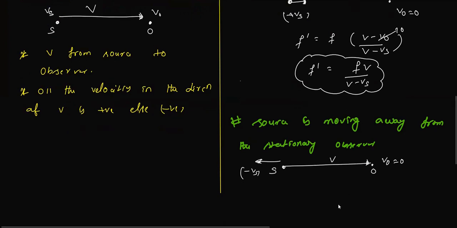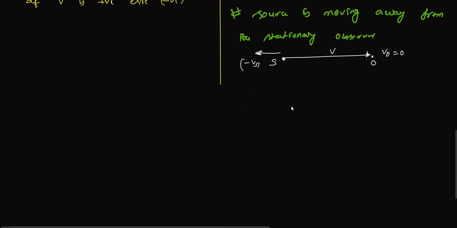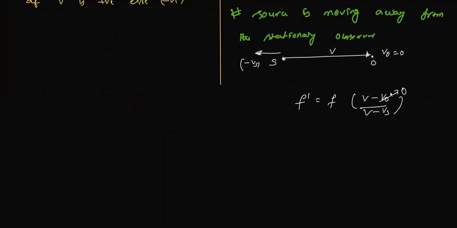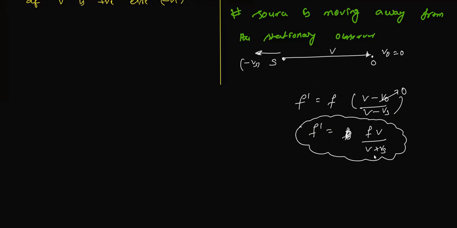We know the formula F dash equals F into V minus V0 divided by V minus Vs. V0 is 0, and Vs is minus Vs. Substituting, minus into minus becomes plus. So the final equation is F dash equals Fv divided by V plus Vs. If you observe clearly, plus Vs appears when it's going away, so the denominator becomes more, which means the frequency will be less.